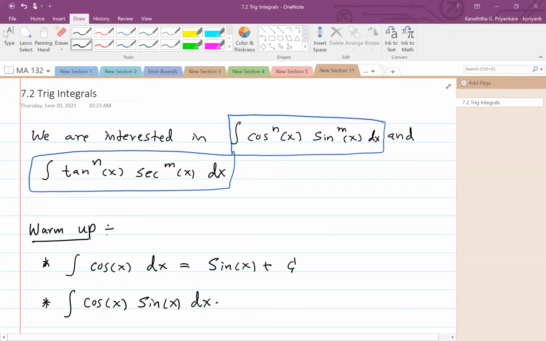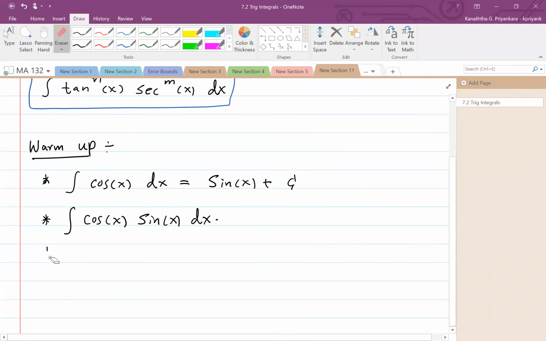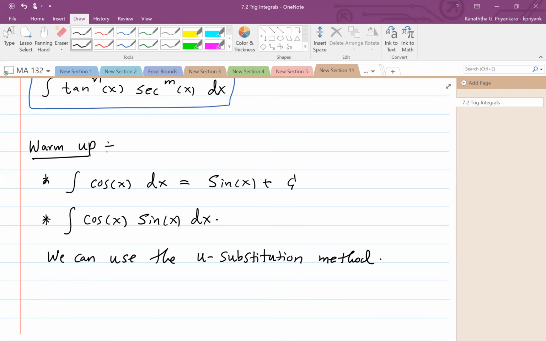Next, I am going to evaluate the integral cosine x sine x dx. We can use the u-sub method. You need to figure out what you are going to use as u, and then you can convert the given integral to u.